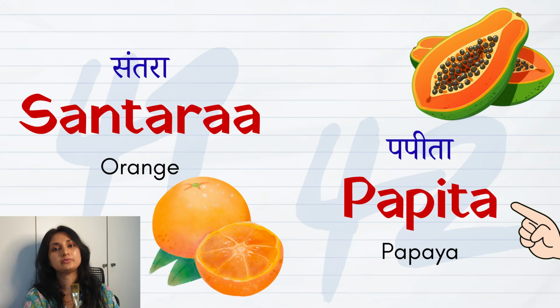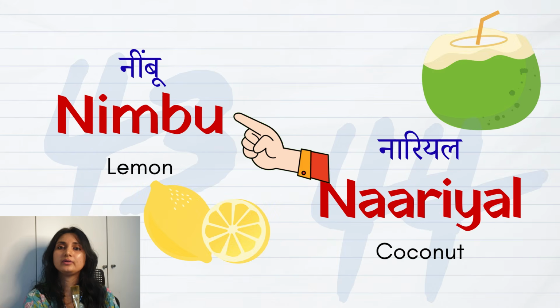Then you have the word for papaya, which is papita. And papita is also singular. For plural, it will be papite. Okay, so papita and santara. Then we have the word for lemon, which is neebu. Depending on where you are, you can say neebu, you can say nimbu, with an m sound.